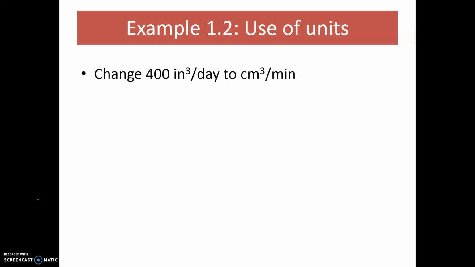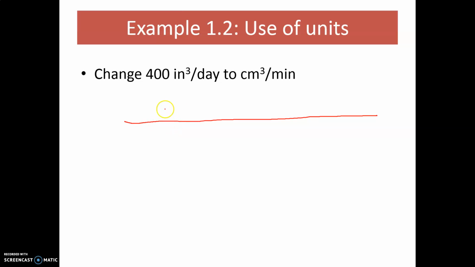So we are going to do another example here, and this one is to change 400 inch power 3 per day to centimeter power 3 per minute. So again, I would like to draw a very long line here.